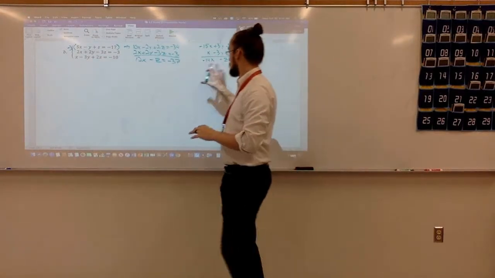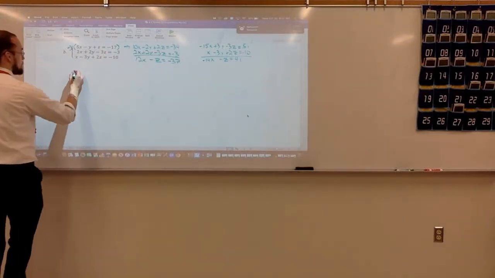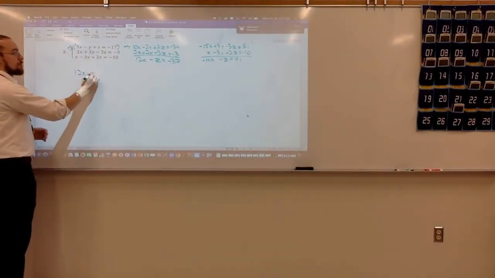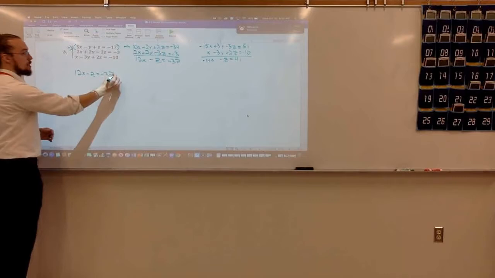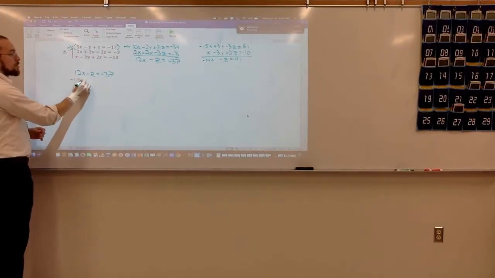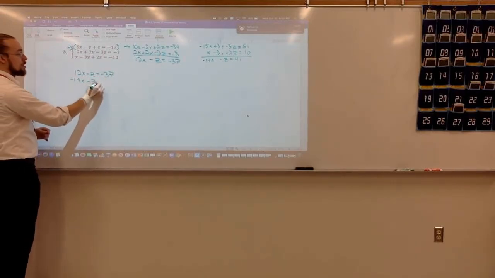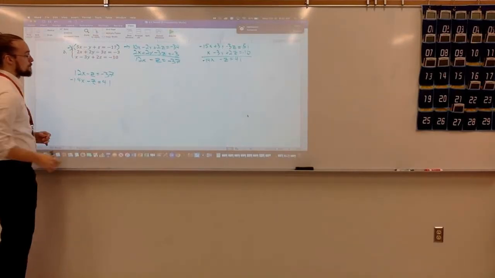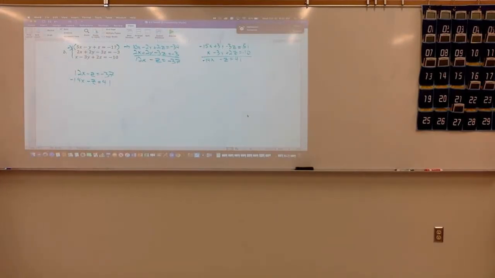I'm just going to take these two and rewrite them down here. So 12x minus z equals -37, -14x minus z equals 41. Well, it looks like the z's will probably be the easiest to eliminate in this system.